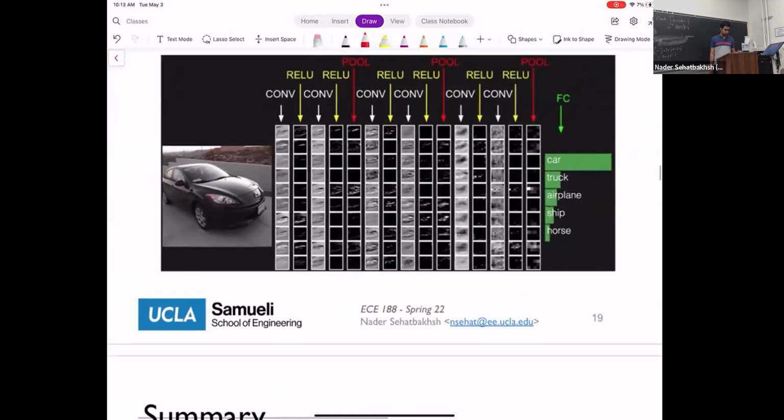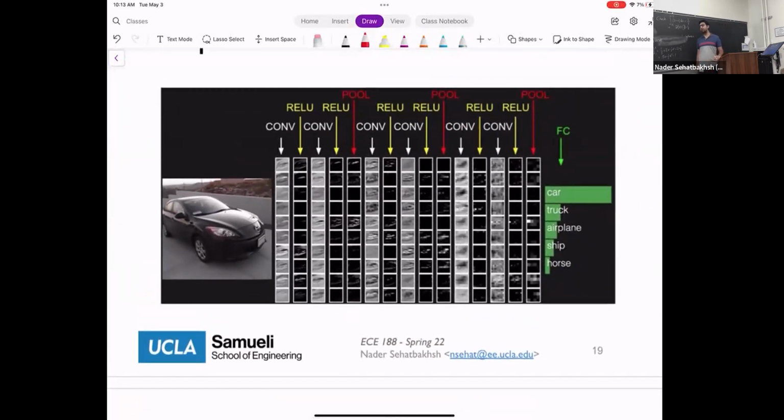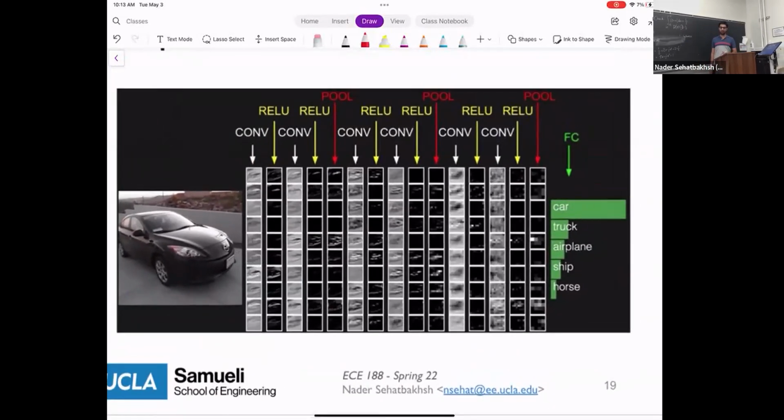That's the summary of what we're looking at: something very deep, with many different layers, a combination of multiple different layers. In addition to neural network layers, you also have activation layers such as ReLU or hyperbolic tangent, and pooling layers to reduce the dimensionality.